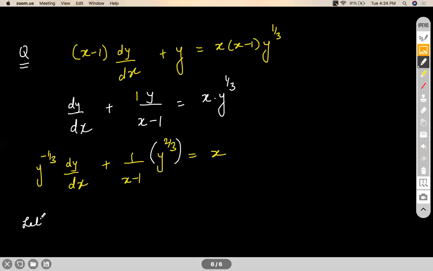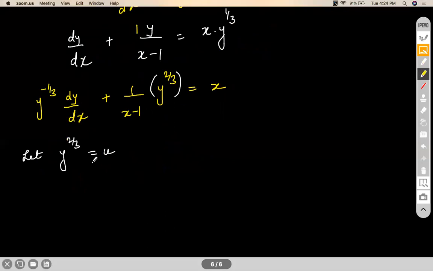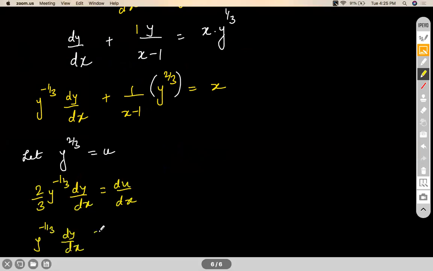So you'll say let y to the power 2 by 3 be u. Correct? So let us differentiate with respect to x both sides. So 2/3 y to the power minus 1/3 dy by dx is equal to du by dx. In other words, y to the power minus 1 by 3 dy by dx is equal to 3 by 2 du by dx.